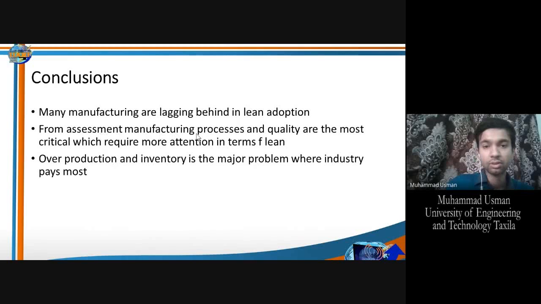So quality and manufacturing process must be standardized and based on OEM. And lastly, overproduction inventory is a major problem where industry pays the most, because it is due to bad planning and also not on-time delivery on the customer side.